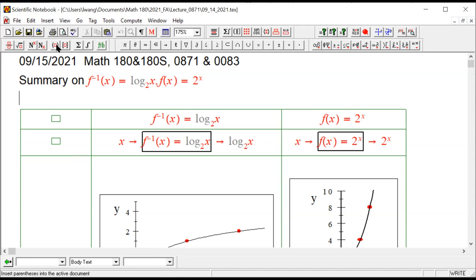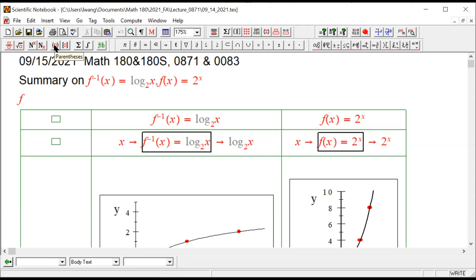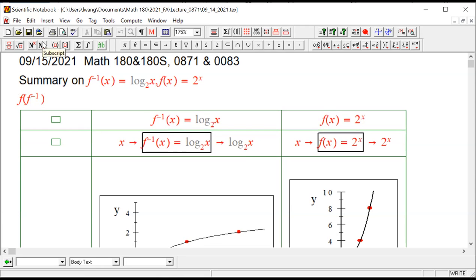I'm going to write this notation: f of f inverse of x is equal to x for x in the domain of f inverse. Remember this?